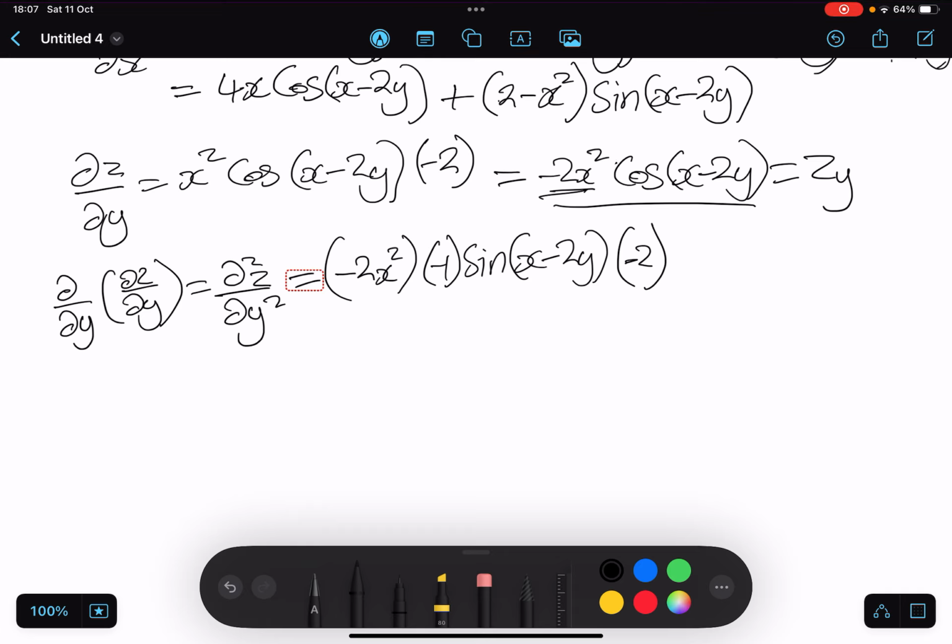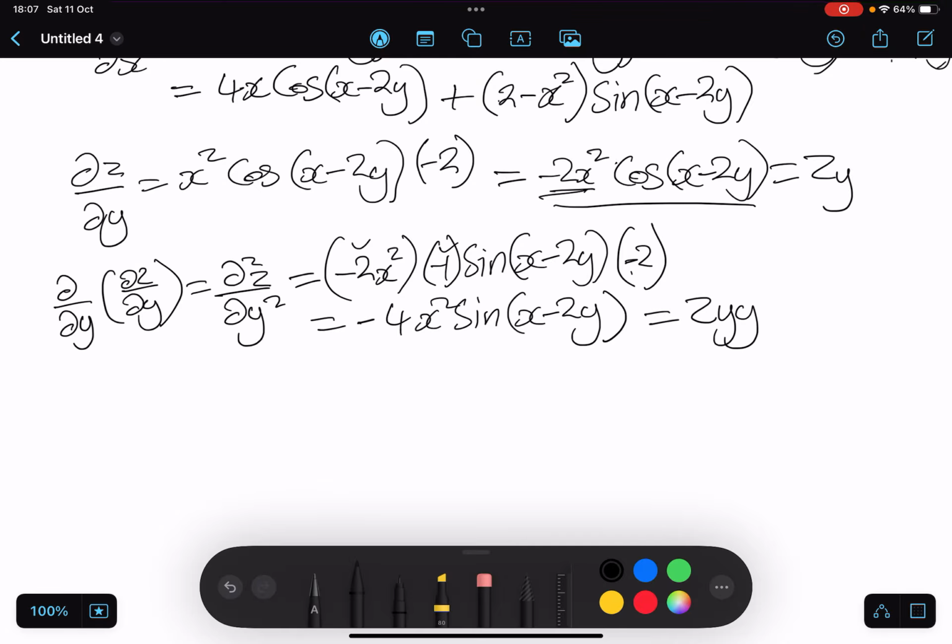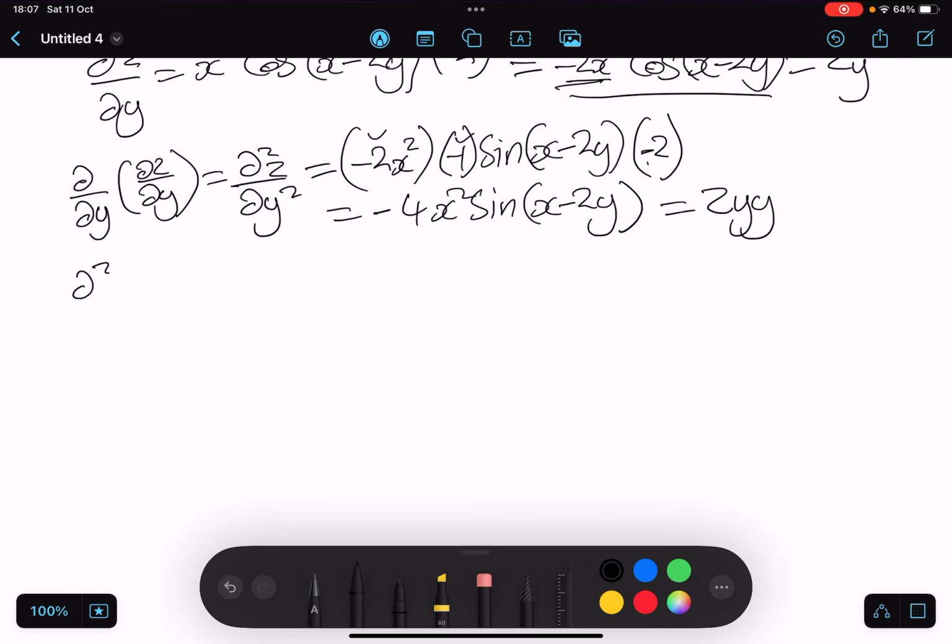If you simplify this, we are going to get minus 4x squared sin(x minus 2y). So this is what you get. This is the same thing as z_yy. So now we have d squared z over dy squared is equal to minus 4x squared sin(x minus 2y).